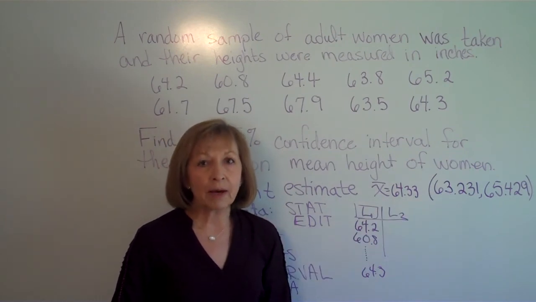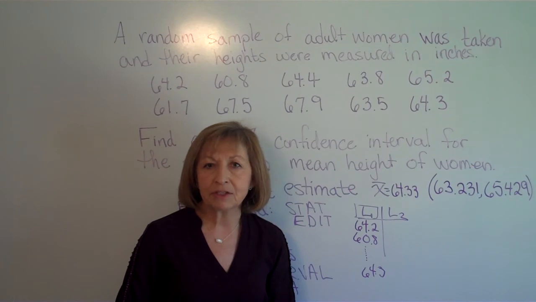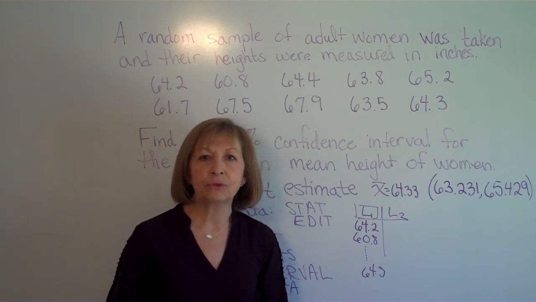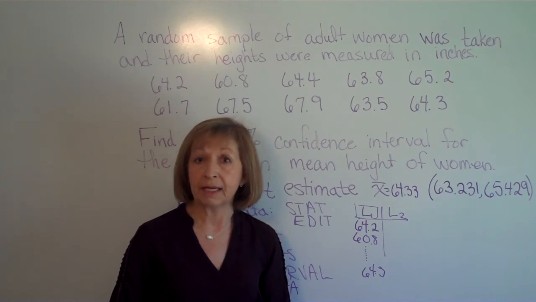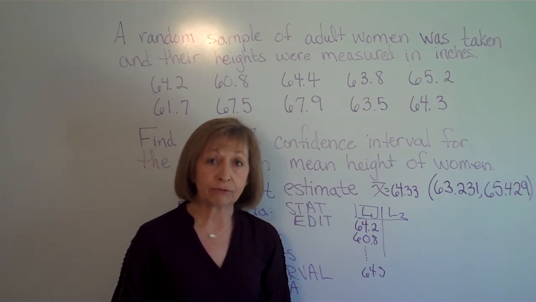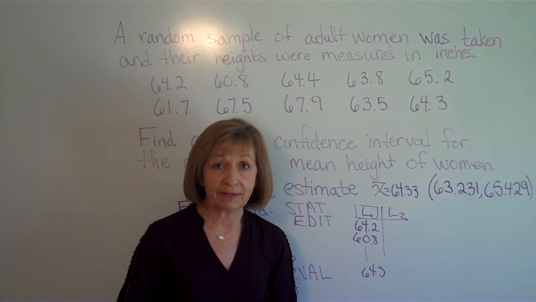Okay, next up, what we want to do is make sure that we take this information out of our calculator and we give it back to whoever we're doing the report for in a manner that's in sentence form using the specifics of the question.